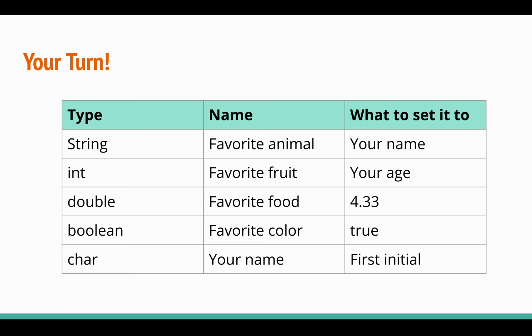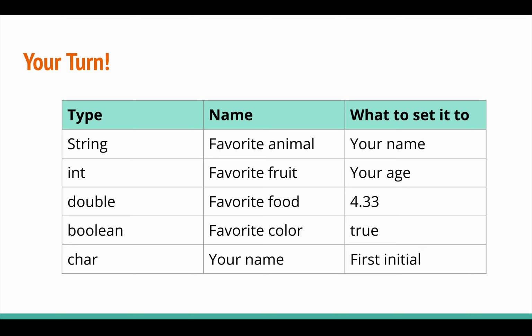So as an exercise, go to your CodePad and create 5 different variables. The first one is a string data type with the variable name as your favorite animal, and you want to set that to your name.